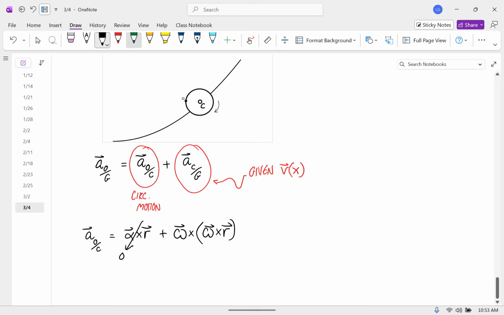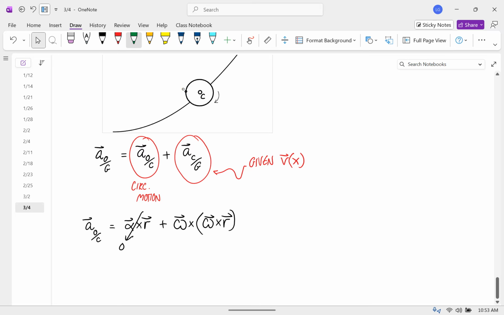Is the alpha part the tangential acceleration or the centripetal acceleration? Exactly, tangential. And if you think about the physics equation for centripetal acceleration, you can see the omega squared r right there. This is the vector form of the omega squared r.